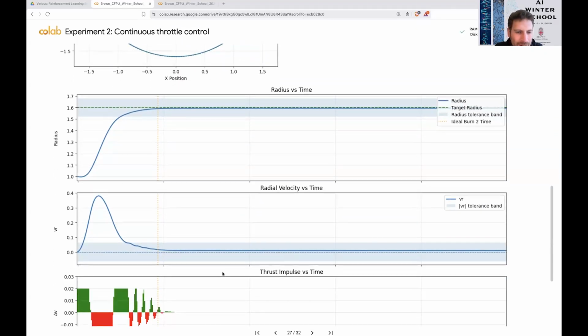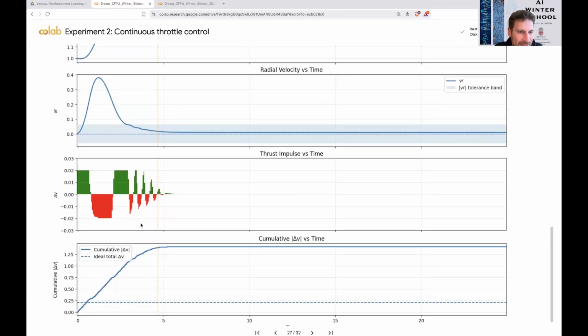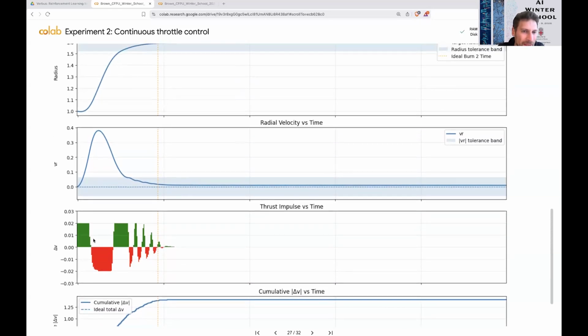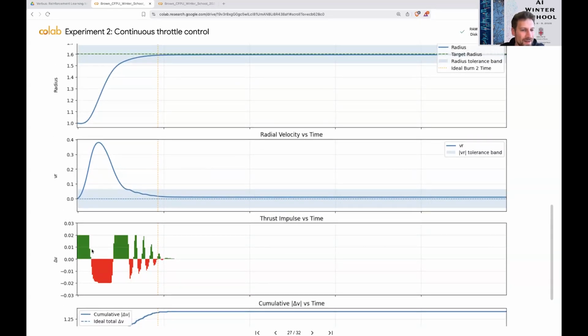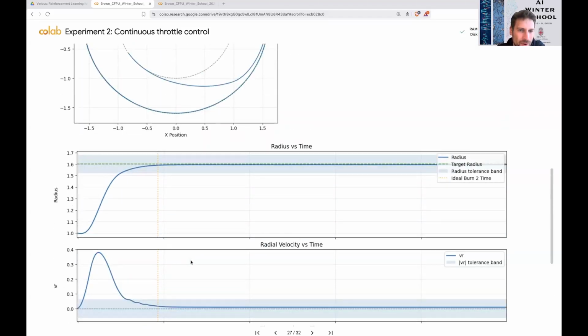and get to the right radial velocity. And you can see there's some interesting burn behavior: it's a little bit aggressive in burning and then tries to overcorrect with retrograde burns, and then does another big prograde burn and kind of oscillates back and forth until it gets to the right orbit.